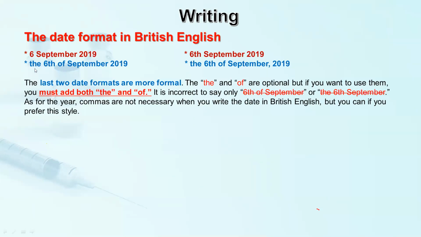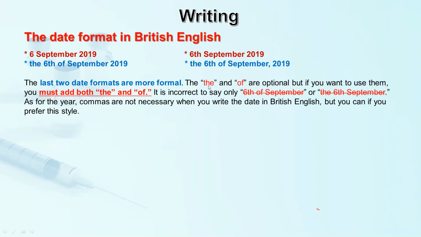Here you can add the 6th of September 2019, or simply include a comma here just before the year, like this one, the 6th of September, comma 2019. The last two date formats are more formal.